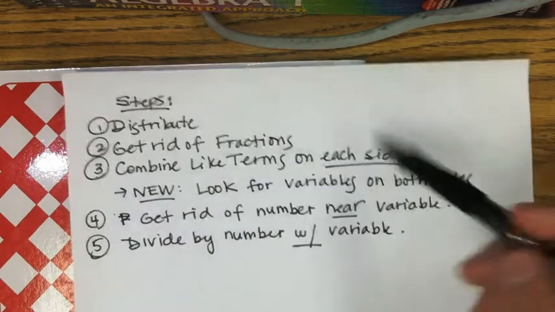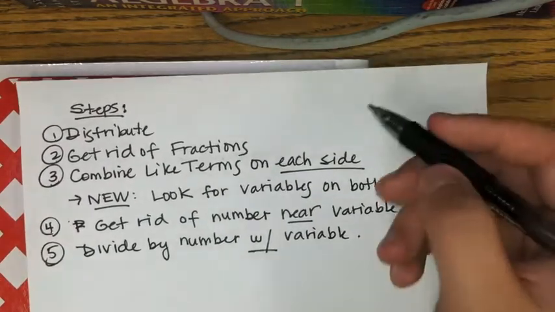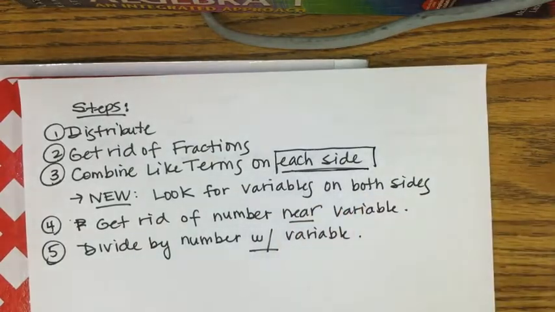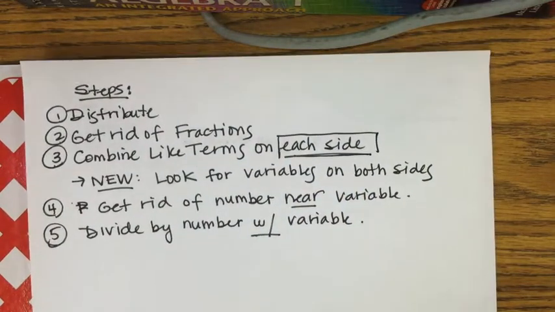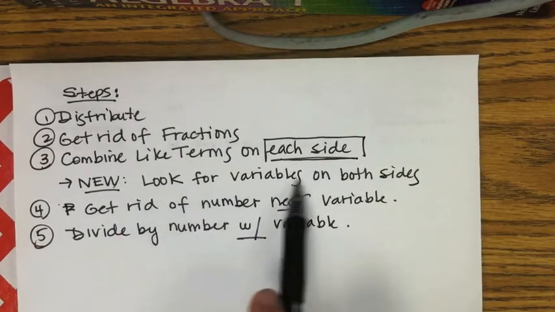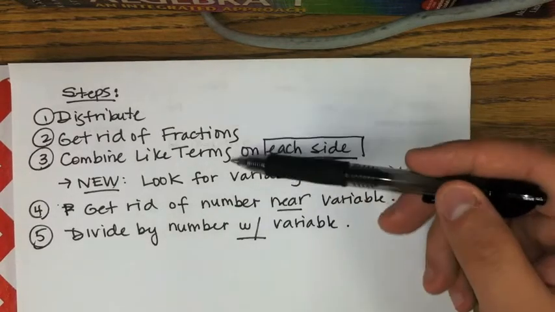Step 3, we're going to combine like terms on each side of the equal sign. That's usually the big mess up right here. It's each side of the equal sign whenever we're combining like terms. And this is the new piece. This is what we're going to be looking at today. What if we had variables on both sides? What do we do with that? So we go through the 3 steps.